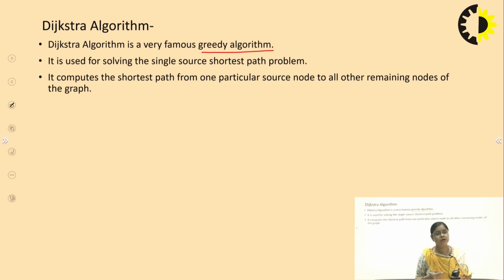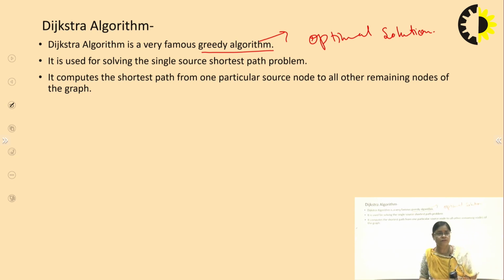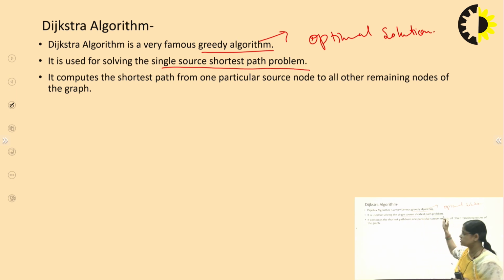If we are talking about the greedy algorithm, the main work of the greedy algorithm is to find the minimum optimal solution. That is a greedy algorithm, and that's why here we are using it for the single source shortest path problem, right?